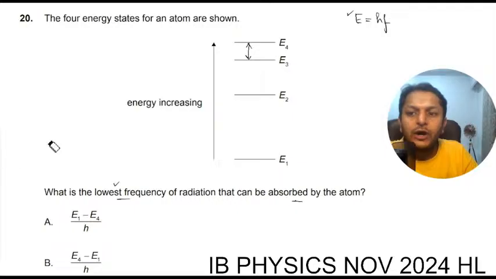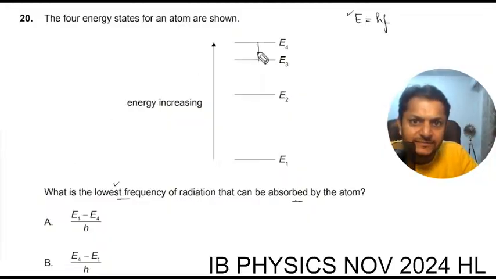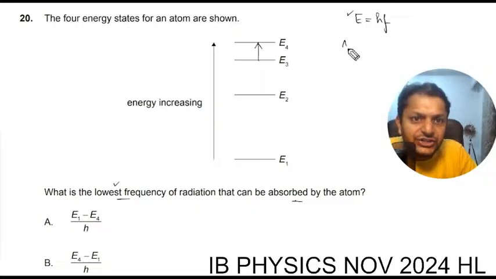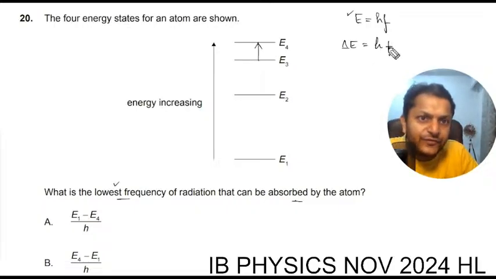And we want to talk about the electrons going from the lower to the higher, because it is absorbing energy. So I can just say that it will be moving something like this. So it is going from E3 to E4. So what will be the change in energy? This change in energy is equal to h times the frequency f.